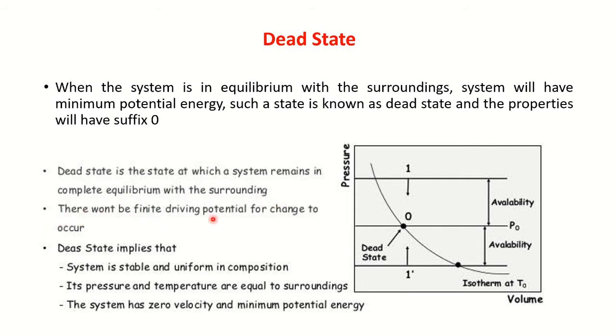There won't be a finite driving potential, either thermal or mechanical, for change to occur. Dead state implies that the system is stable and uniform in composition. Its pressure and temperature are equal to the surroundings. The system has zero velocity and minimum potential. That state we call the dead state.